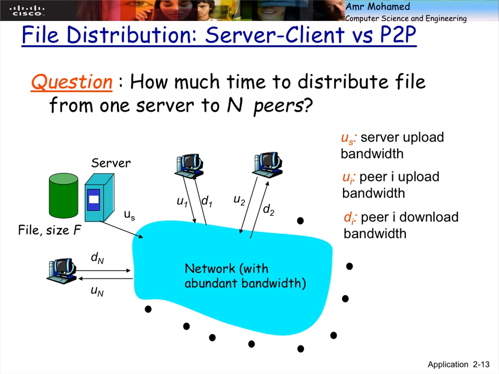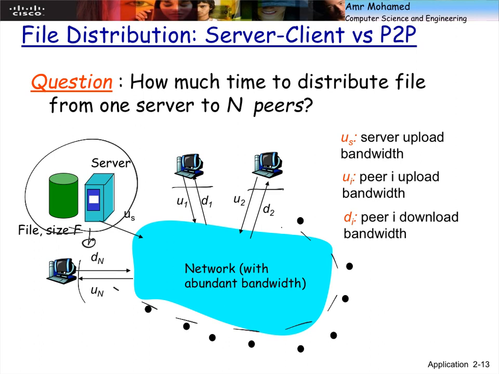So this example here explains this notion of file distribution. If we have a server with a specific file, and this file needs to be downloaded by all these N clients. We have N clients who need to download this file.